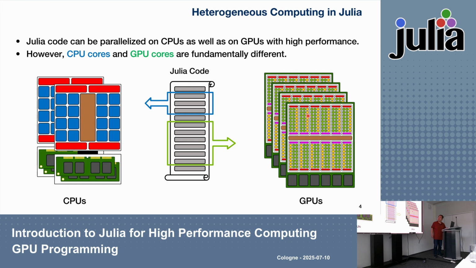And as you can see, normally there are many more CUDA cores in a GPU than cores in a CPU. In order to make this concept much clearer, I would like to first give you a comparison of the so-called CPU cores and GPU cores.